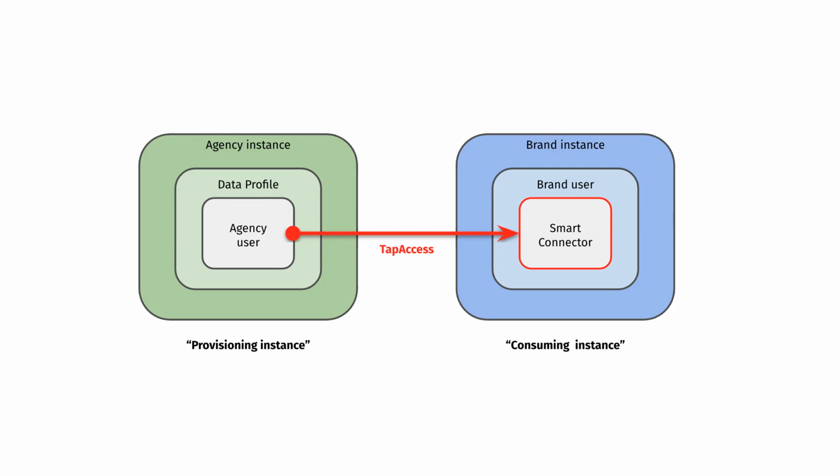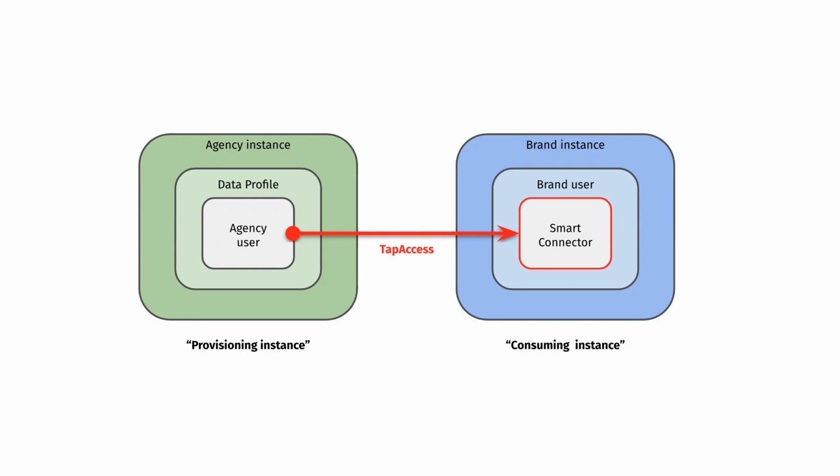What I'd like to do is get the data from that agency or contractor that I have, and pull it into my instance of TapClicks. You can do that with TapAccess.